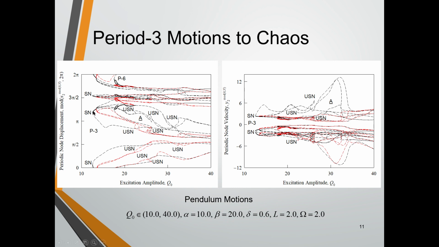We have some symmetric periodic motions, and we also have some asymmetric periodic motions in here. On the left-hand side here, we're showing the periodic node displacement for the pendulum, and on the right-hand side here, we're showing the periodic node velocity for the pendulum.